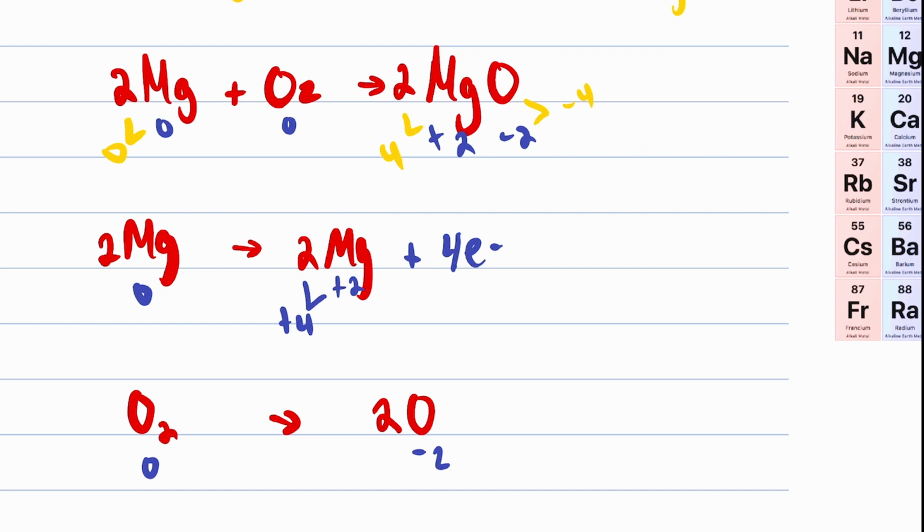So going from 0 to -4, did I gain electrons or lose electrons? We gain electrons, right? If I'm gaining electrons, am I being reduced or oxidized? Reduced, right?